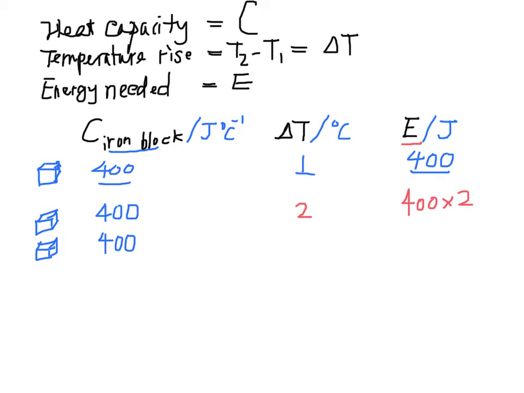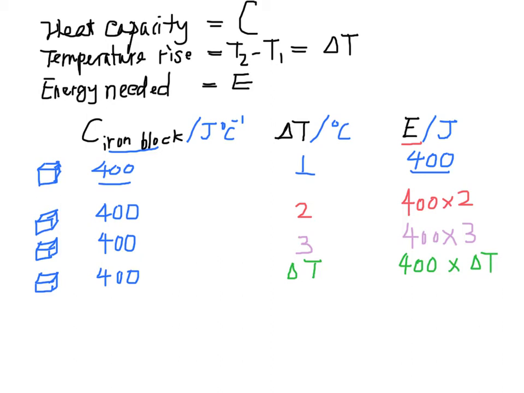What if we want to increase its temperature by 3 degrees Celsius? Very obviously, the energy needed would be 400 times 3 joules. If we want to increase its temperature by delta T, where delta T is any temperature rise, then the energy needed would be 400 times delta T.